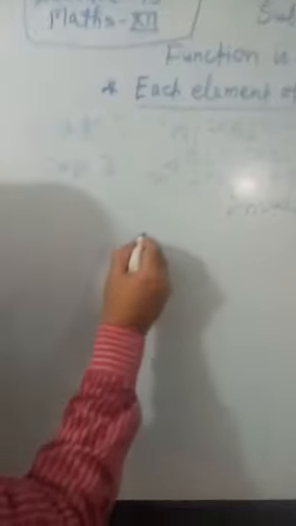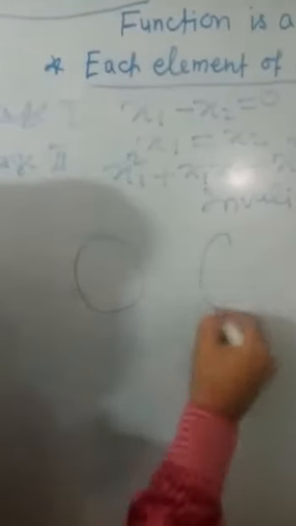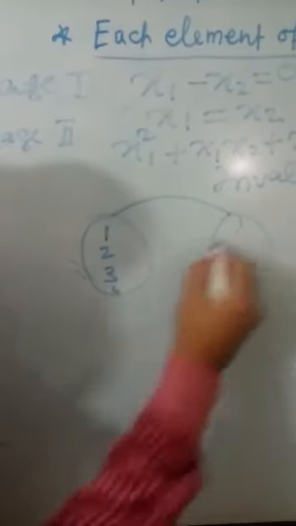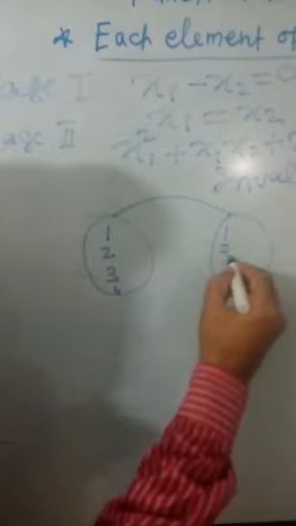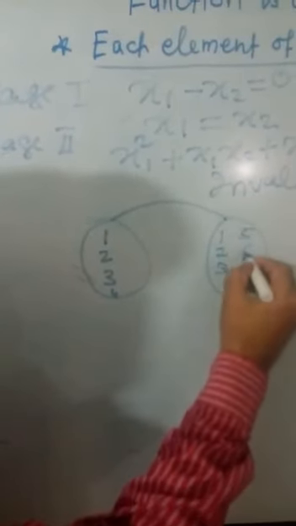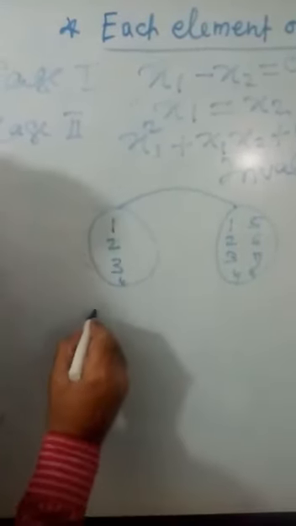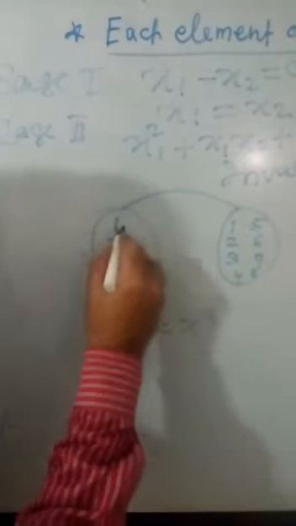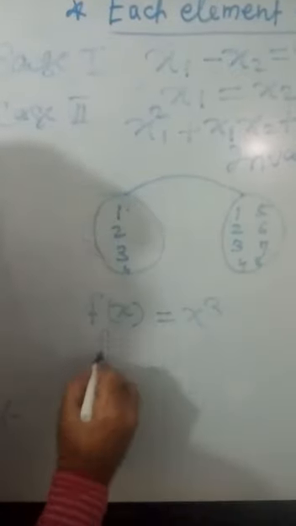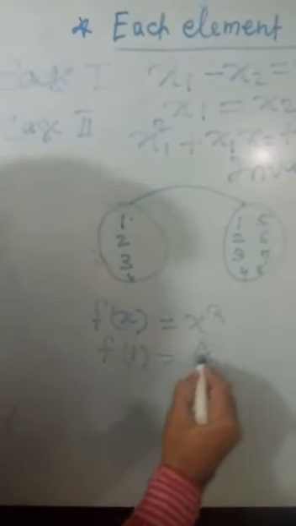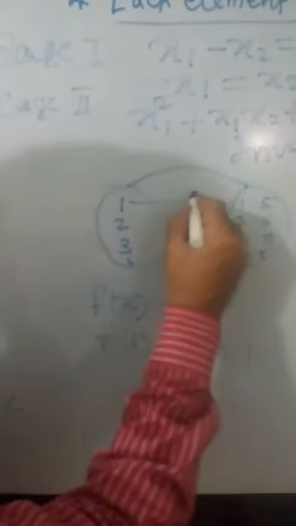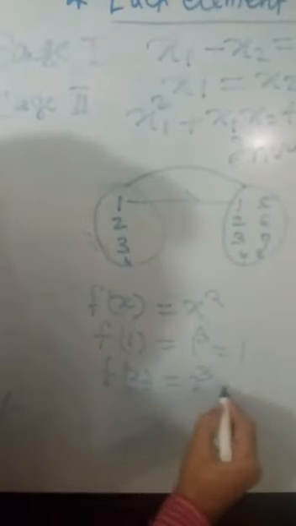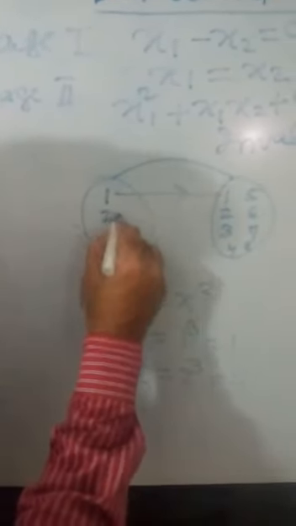Now you want to show whether it is onto or into. For onto or into, you take the two sets: 1, 2, 3, 4 and 1, 2, 3, 4, 5, 6, 7, 8. f(x) equal to x cube. That means f(1) equal to 1 cube equal to 1. f(2) equal to 2 cube equal to 8.